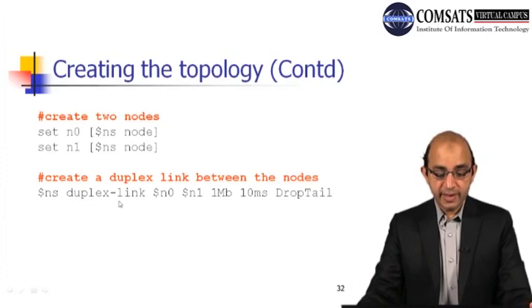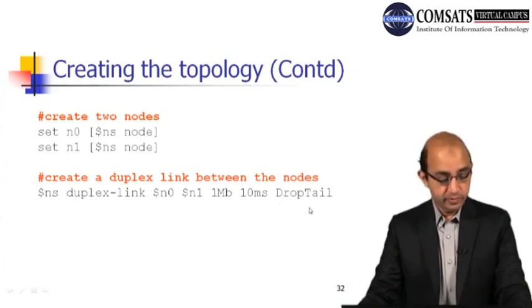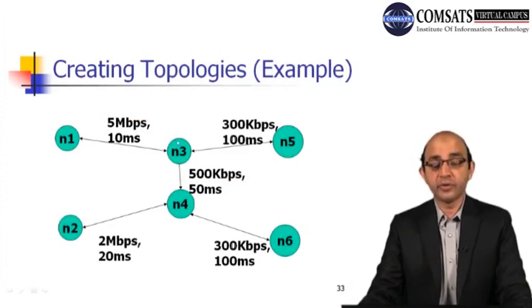The link is established between node N0 and N1. This is the bandwidth, this is the latency, and this is the queue type, drop tail.